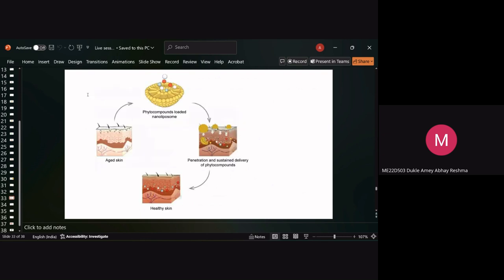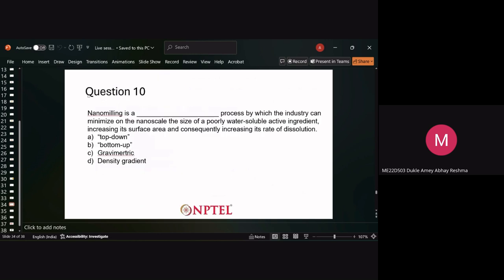This is how a nanoliposome works. It is loaded with the compound, basically all the phytocompounds, and because of its size it is able to penetrate the skin layer, and once inside it releases the drug, which leads to a good result. That is how the entire mechanism works.